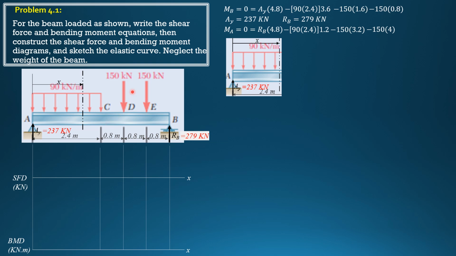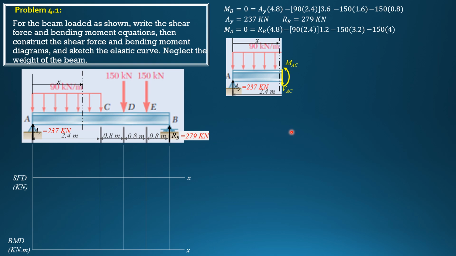For the next sections, we have to analyze differently because we ran out of space. So this is the free body diagram from A to this section here. That's the distance X, this is AY, and let's put the positive direction of shear in AC and moment in AC: downward and counterclockwise for the right section.